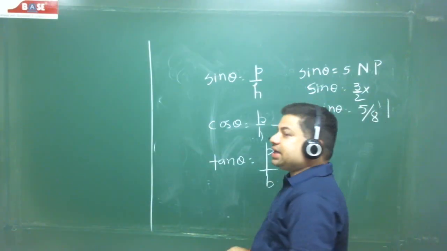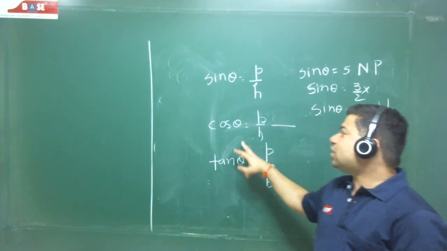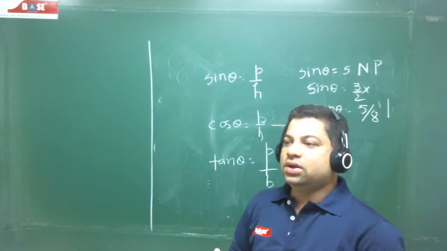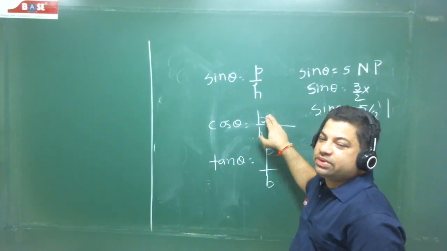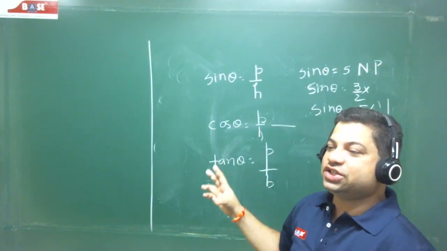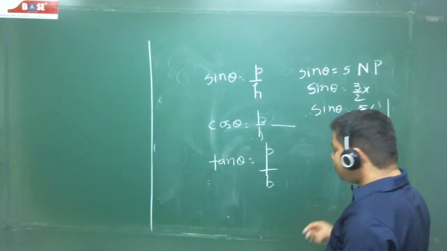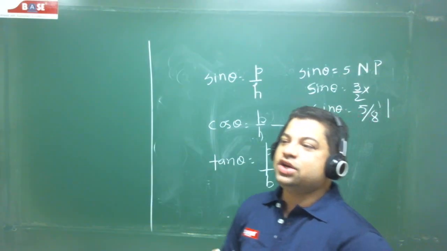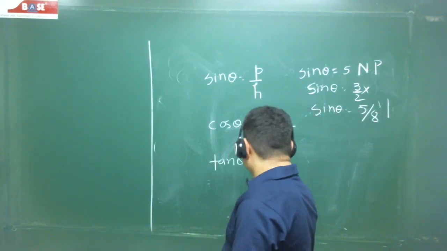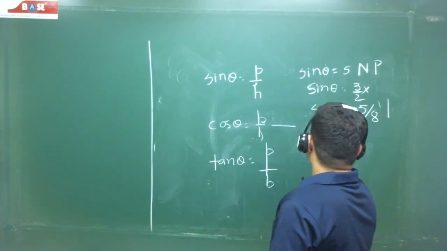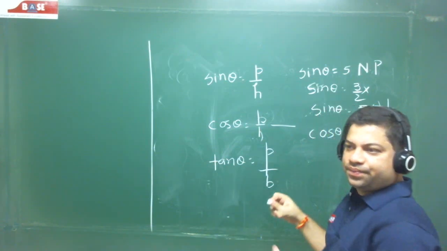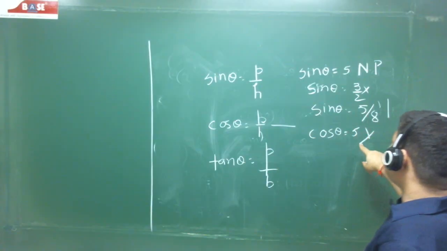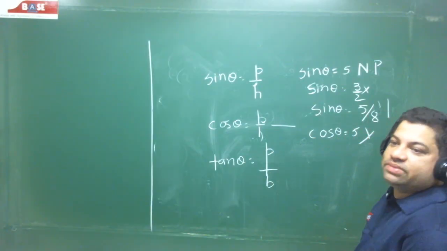Coming to this one, in case of cos theta also, again same story. Denominator will be more, numerator will be less. So this also will be less than 1 if this ratio is less than 1. Again, suppose someone is asking you cos theta, is it possible to have 5? Of course no. Why? Since denominator is always greater than numerator.